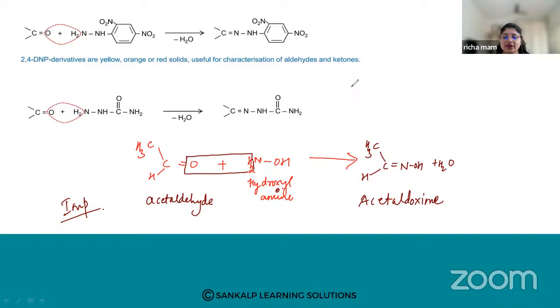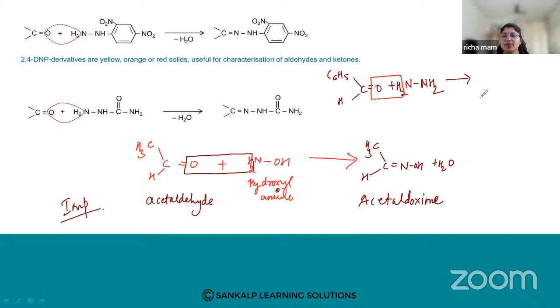How does benzaldehyde react with hydrazine? Benzaldehyde is C6H5 C double bond OH. When it reacts with NH2NH2, the hydrazine, what will be the product obtained? Just remember to remove the water molecule like this.